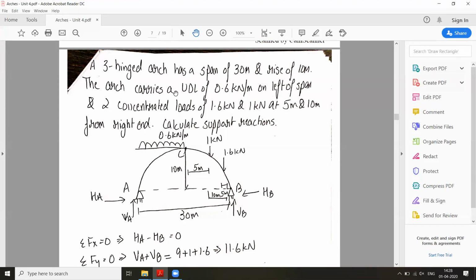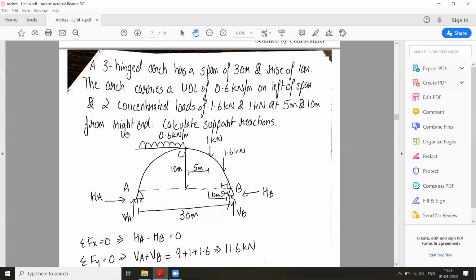So it is stating that a UDL of 0.6 kilonewton per meter is acting on the left span. So the entire left span is carrying a UDL of 0.6 kilonewton per meter. Then it is given two concentrated loads of 1.6 and 1 kilonewton at 5 meter and 10 meter from the right end.